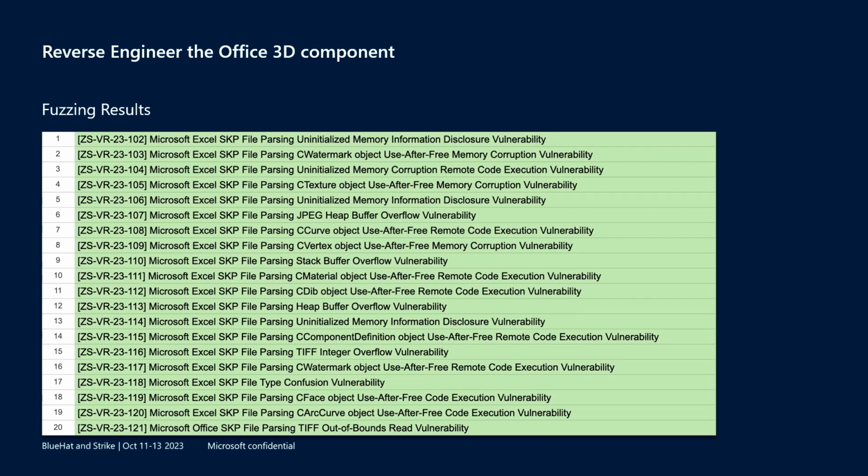As you can see, these findings include various types of vulnerabilities, such as use after free, heap buffer overflow, type confusion, and out-of-bounds read vulnerabilities.